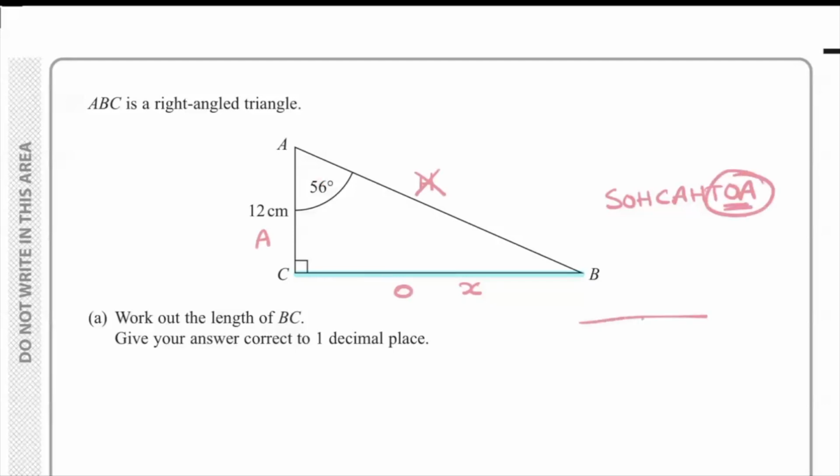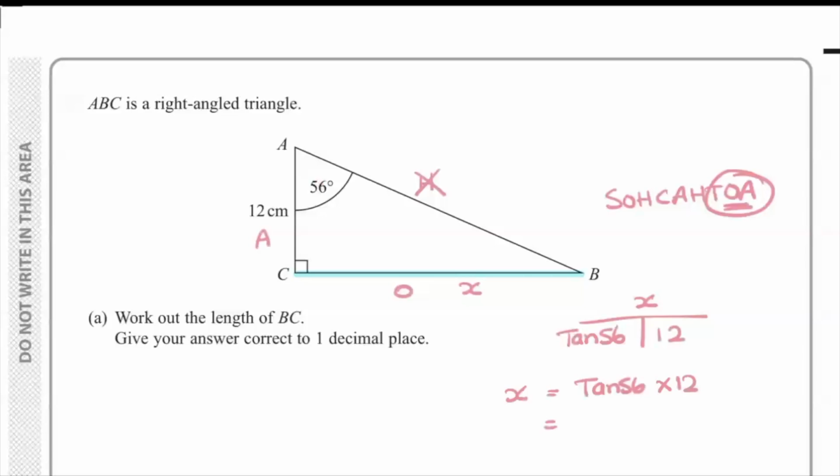I'm going to set up my T for trig. It's the inside of my triangle, and I've got tan 56. O is at the top, which is X, and A is at the bottom, which is 12. This tells me to do X equals tan 56 times 12 into my calculator.